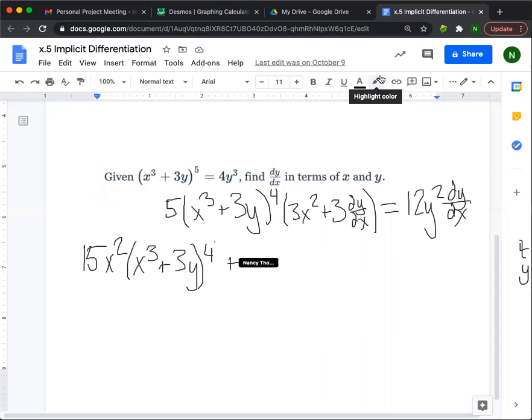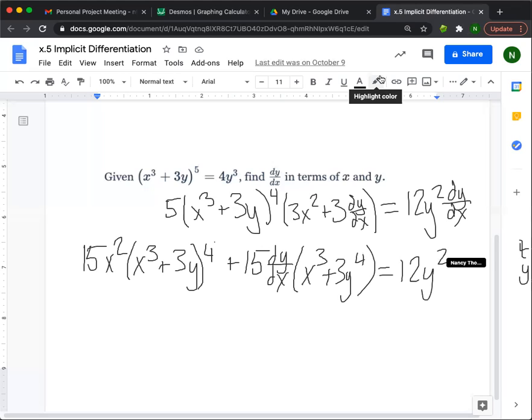And then we're going to add the 15 dy/dx times this whole thing. This will make it neater for y'all anyway. Plus, I don't think IB will ask you to solve one like this with values. So we can leave it unsimplified, is equal to 12y squared dy/dx.